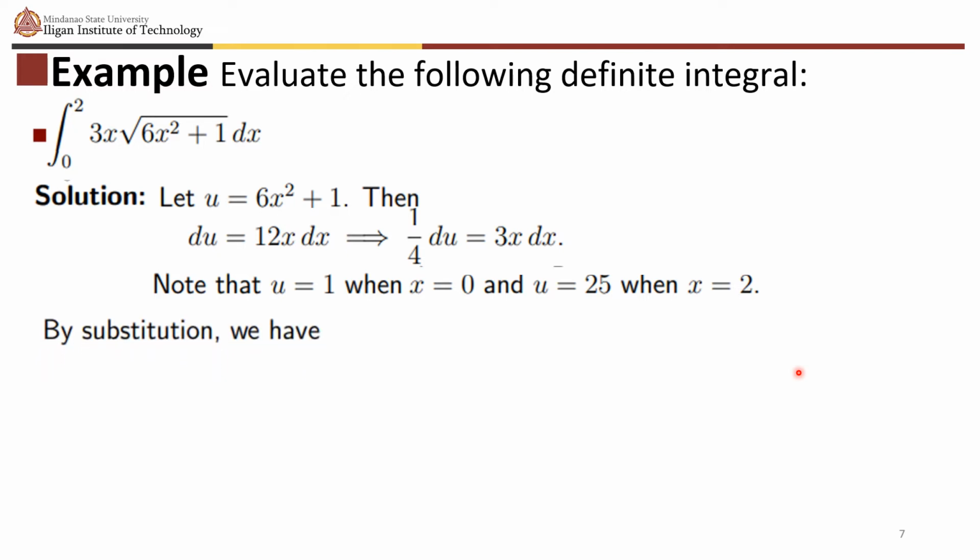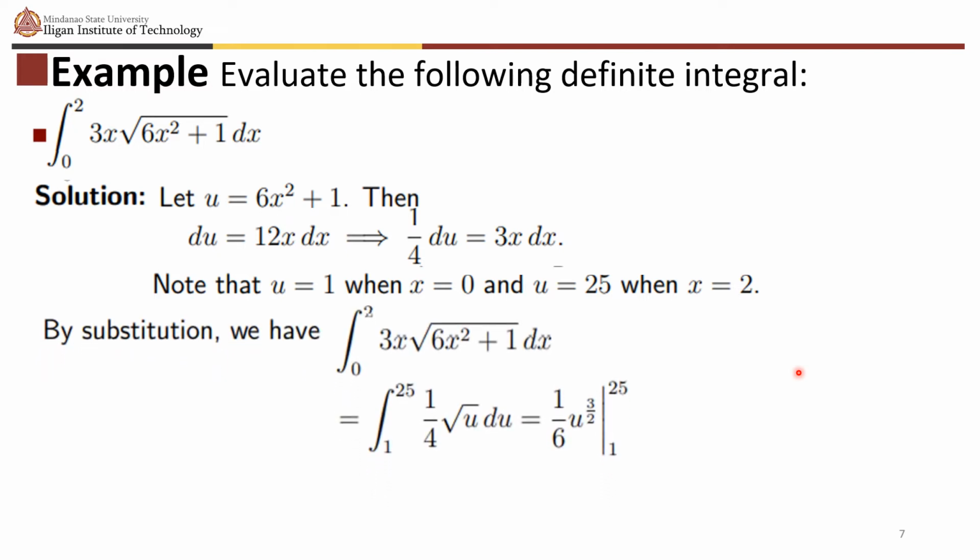And rewriting, we now have the following. That is, the integral from 0 to 2 of 3x squared times the square root of 6x squared plus 1 dx now becomes, when x equal to 0, you have u equal to 1, so you have 1. When x is equal to 2, you have 25, so you have u 25. So 1/4 square root of u du is equal to 1 over 6 u raised to the, what happens here, why do we have 3 over 2? This is u to the 1/2.